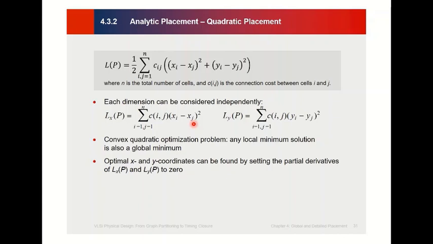So we have those, how many, 7 or 6 summations. So differentiate that, equate to 0, so we can find the x locations for the 4 cells. Similarly, in y direction, for 4 cells, we have y1 minus y2, y1 minus y3, y1 minus y4, y2 minus y3, y2 minus y4, y3 minus y4 squared, and so on. Okay, so differentiate, equate to 0, we can find the y locations.